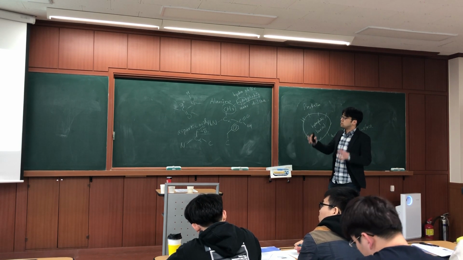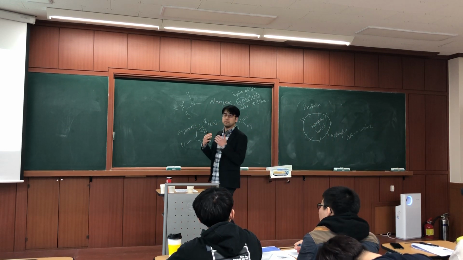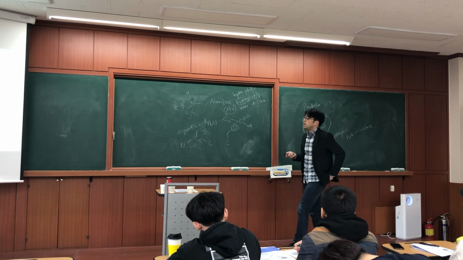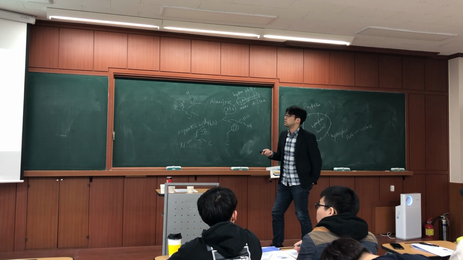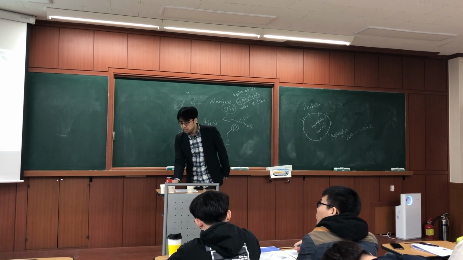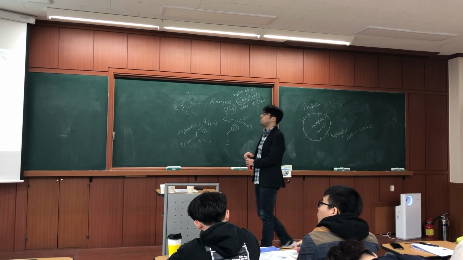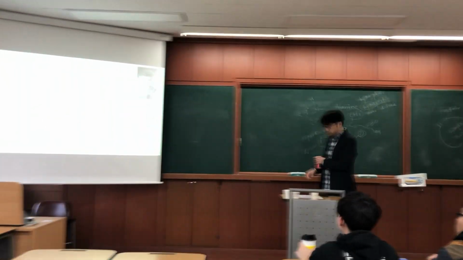The 20 amino acids can interact with each other in various ways, and those complex interactions determine the 3D structure of a protein. In protein structure, there is one very important principle called Anfinsen's dogma.